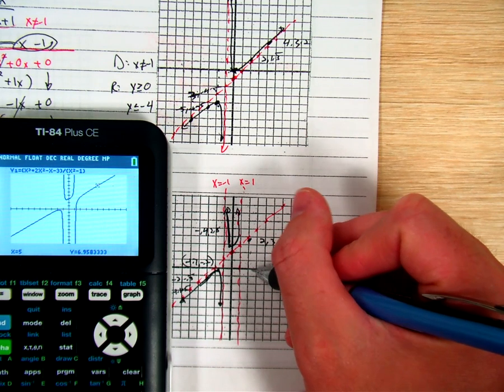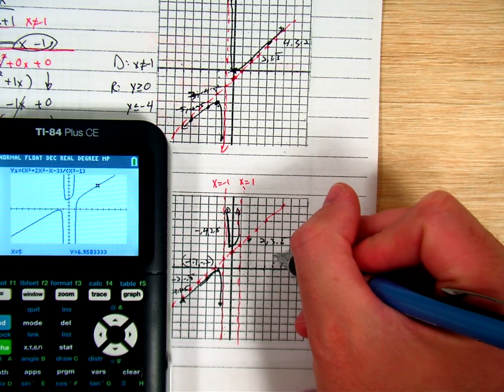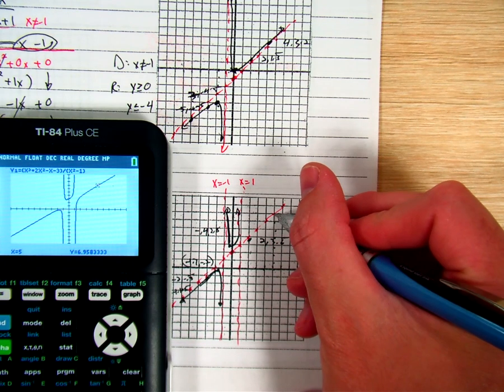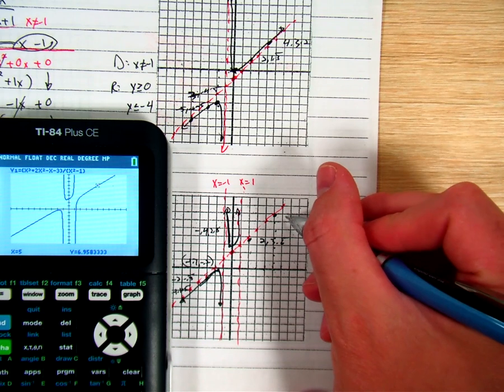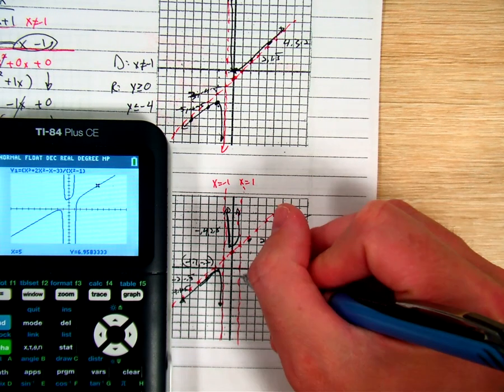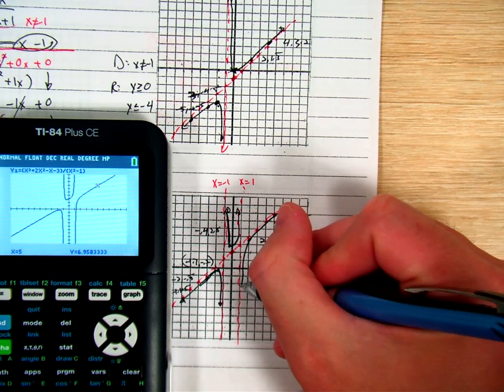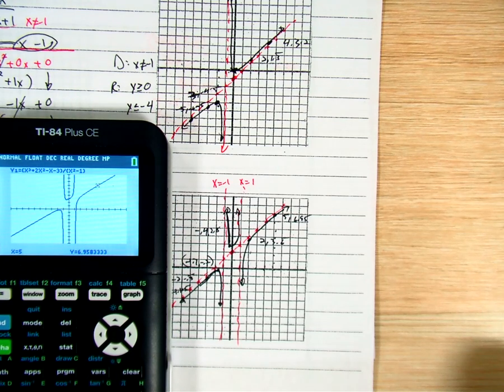Let's say 6.9. We don't want to run up to 7. 2, 3, 4, 5. 1, 2, 3, 4, 5, 6. It's basically right on that slant line already. And we know this is going to be right here. There you go. These three-piece ones get pretty crazy.